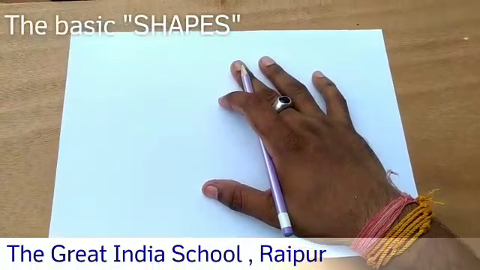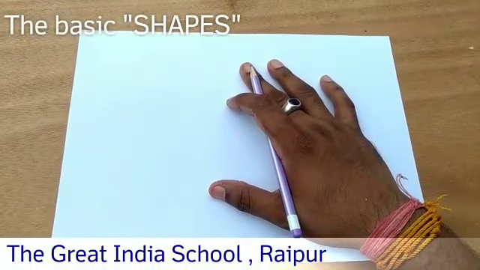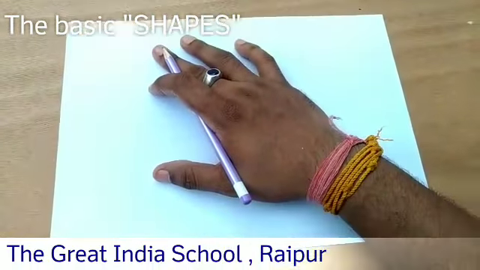Among these, rectangle, circle and triangle are 2D forms of shape and the cylinder is a 3D form of shape. What is 2D form and what is 3D form? I will demonstrate it for you later. I hope all of you understood about shape. So let me demonstrate some basic shapes for you. We will start with the rectangle.